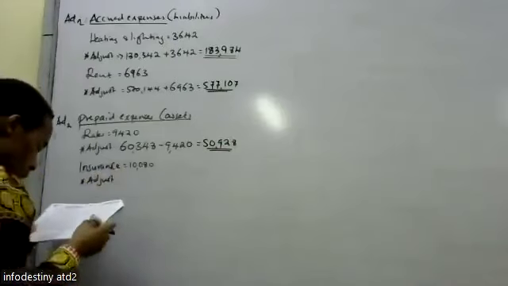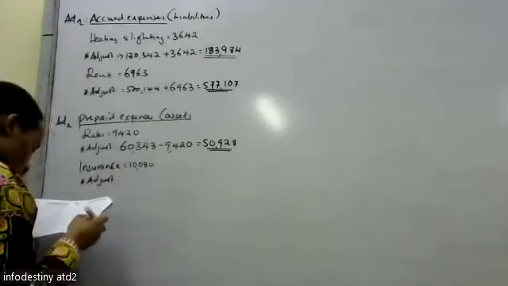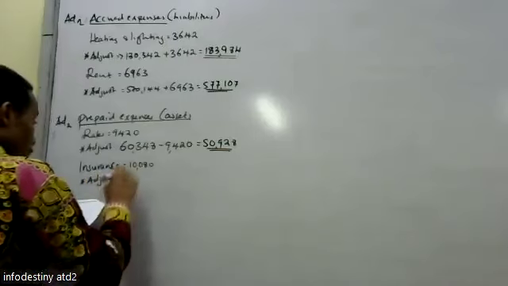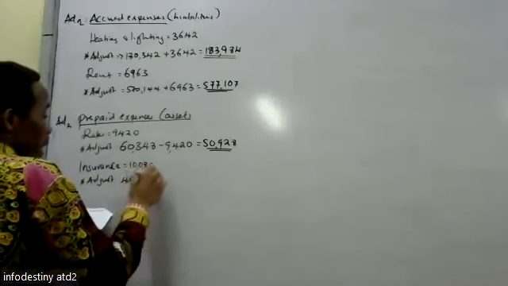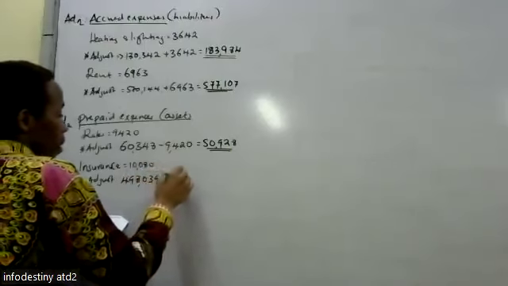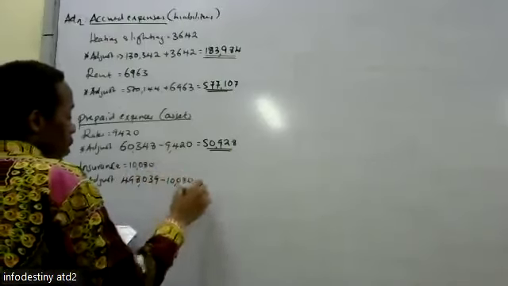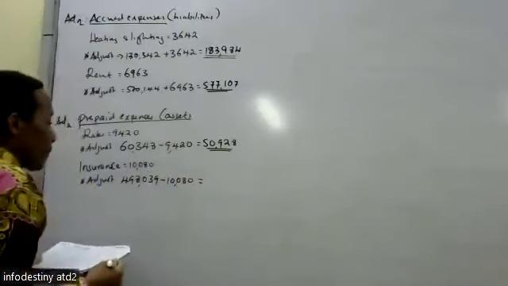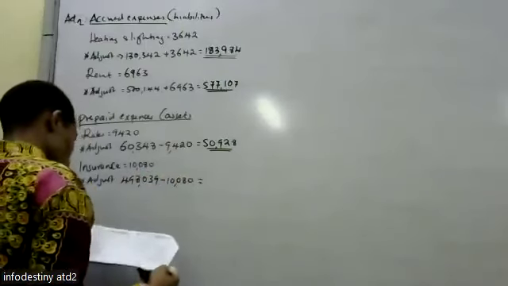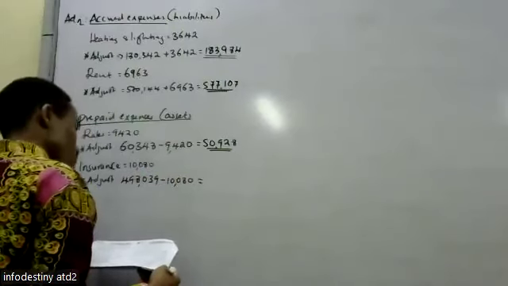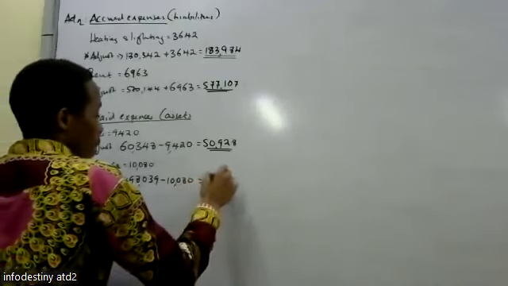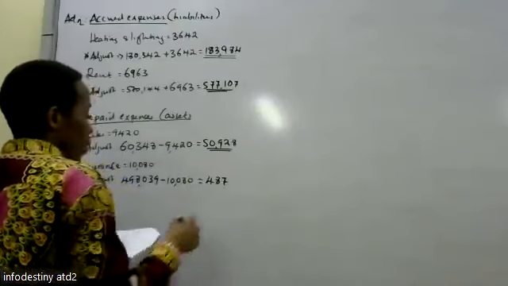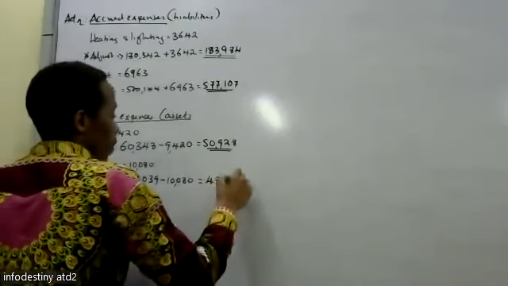The amount given in the trial balance for insurance is 498,039. We minus 10,080. That gives us 487,959.